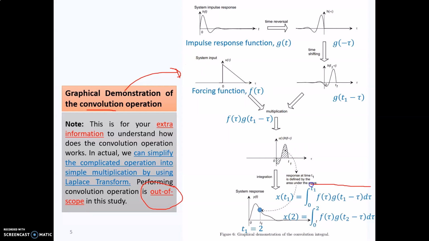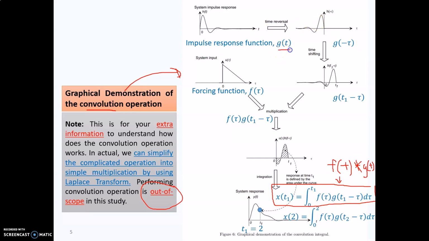So this is our convolution operation formula. In simple form, it can be written as f(t) convolved with g(t), and in detail it can be written in the integration format.